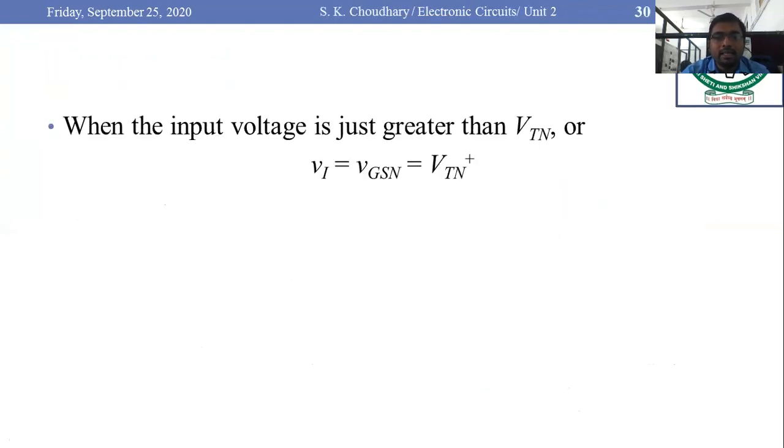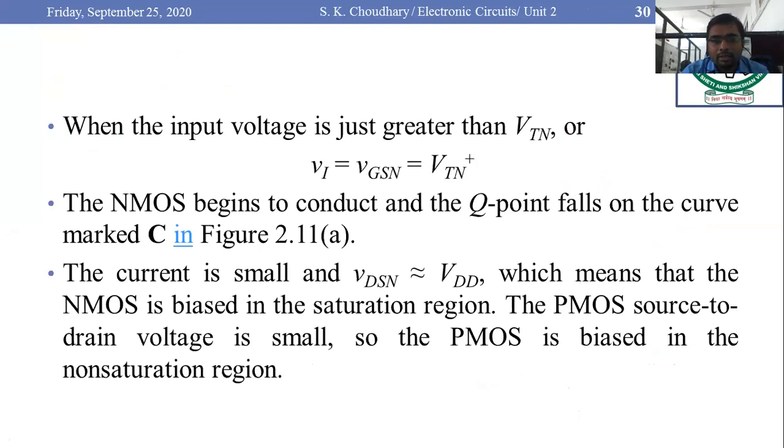We have already discussed the CMOS inverter. To turn on the CMOS inverter, the input voltage should be just greater than the threshold voltage of the NMOS transistor, VTN.